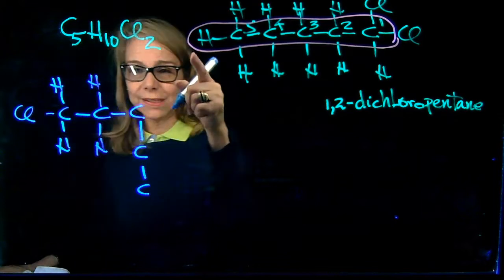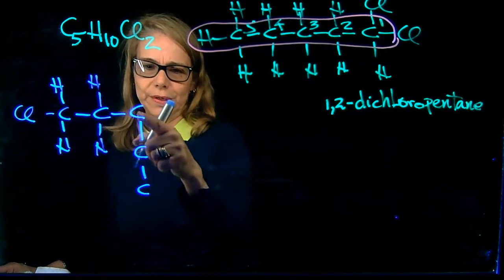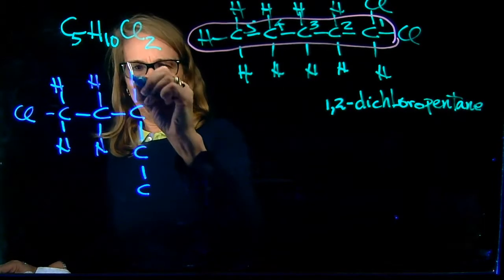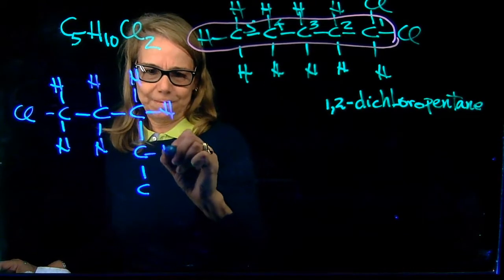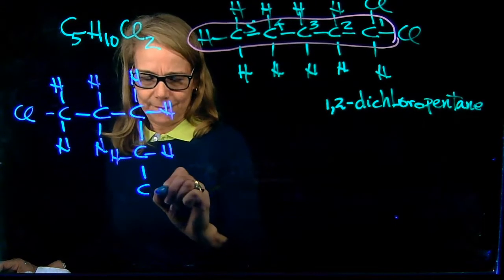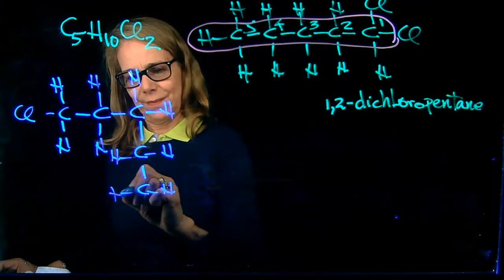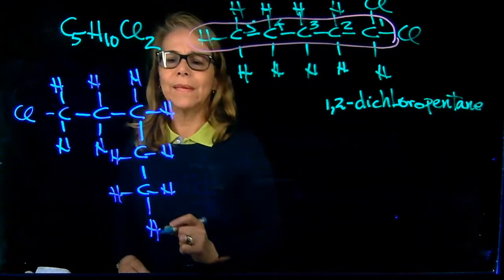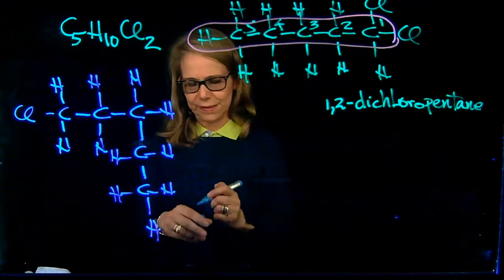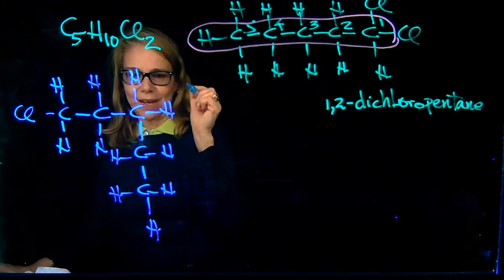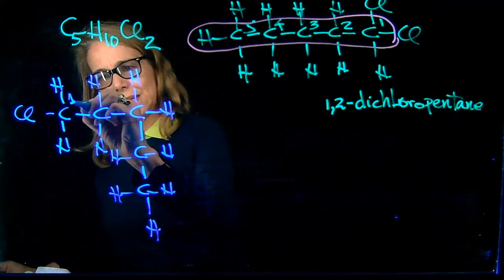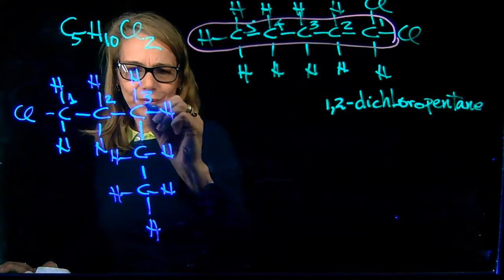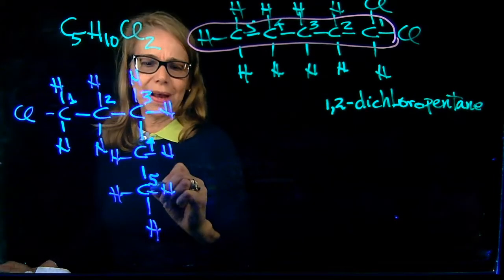And remember that I need to keep 5 carbons: 1, 2, 3, 4, 5. Now it seems like it's different, but we're going to number the carbons now. So let's say 1, 2, 3, 4, and 5.